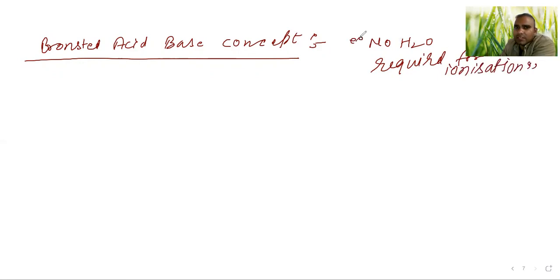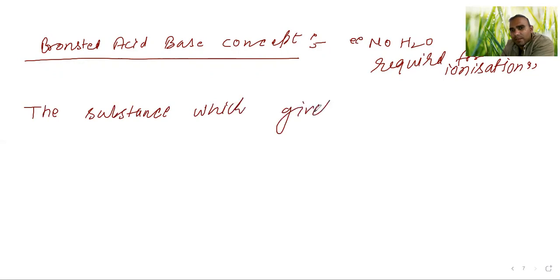What is the definition here? The substances which give H plus ion is acid. That is the acid definition.